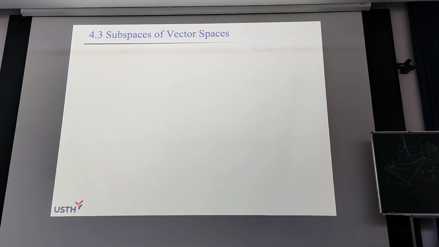The next is the notion of a subspace of a vector space. In Vietnamese, không gian con. Obviously, when we say con, it means something smaller, which is contained in the bigger one. So here is the definition. Suppose that we are given a vector space V together with two operations, plus and scalar multiplication.